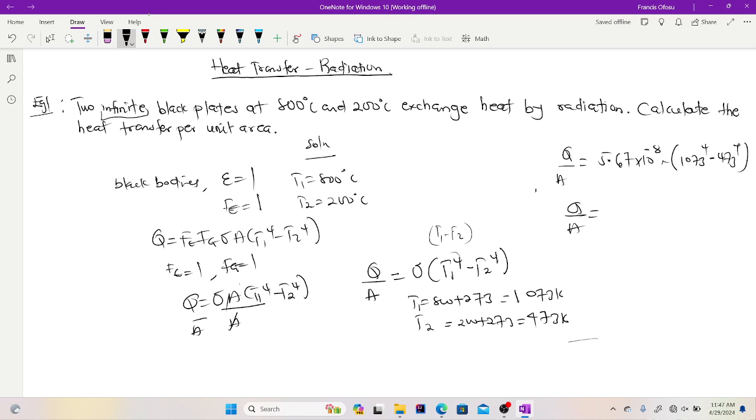So we get 72321.07 watts per meter squared. Now you can convert it into kilowatts and say our answer would be 72.321 kilowatts per meter squared.